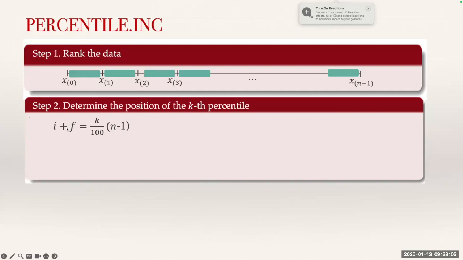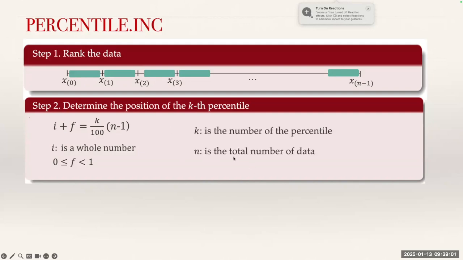The answer will be the sum of two numbers. One will be a whole number and the other is a fraction. For example, it could be 3.25. I'm going to call the decimal f. It will be a number between 0 and 1, but less than 1; it could be 0 but not 1. I will be a whole number. And this n is the total number of data and k is the number of the percentile.